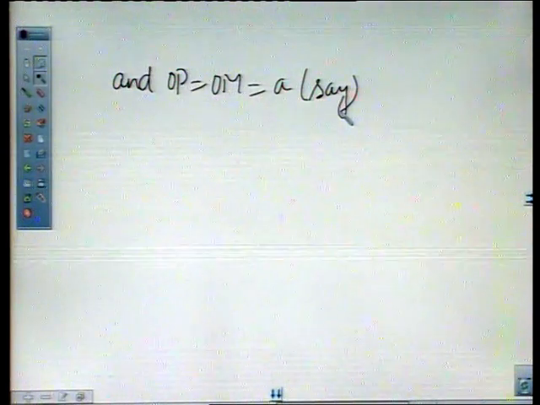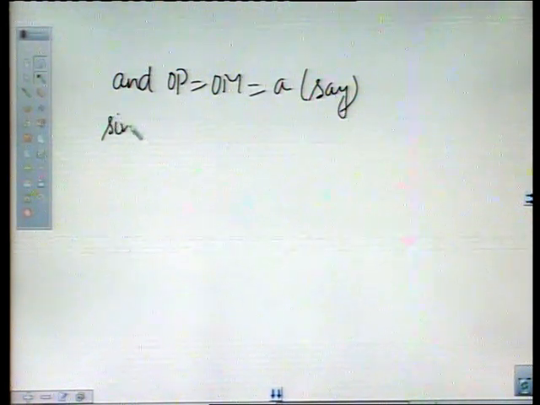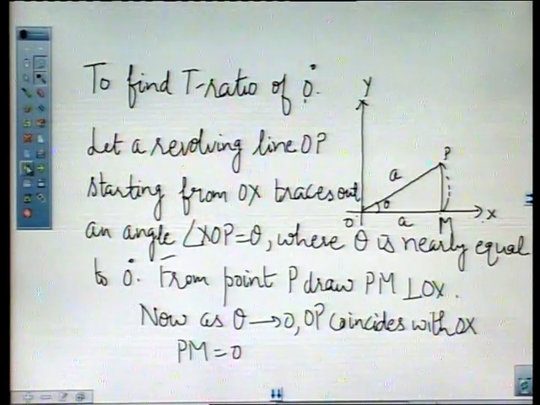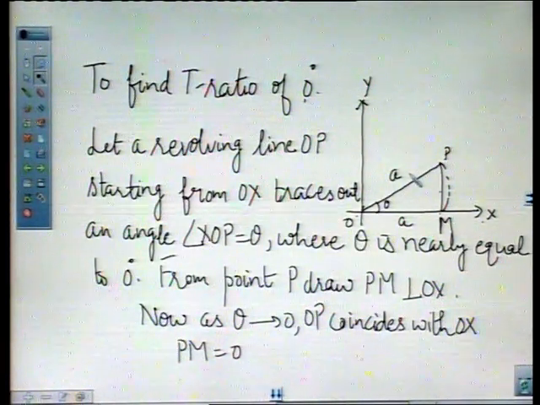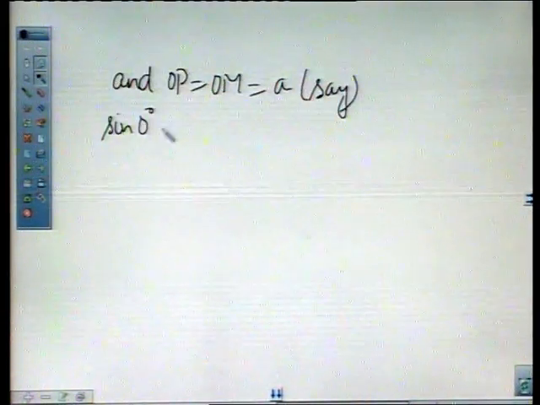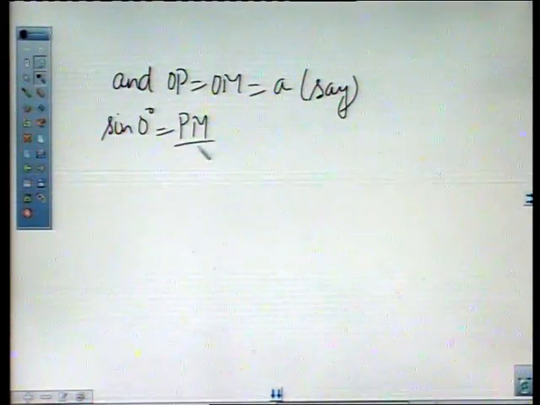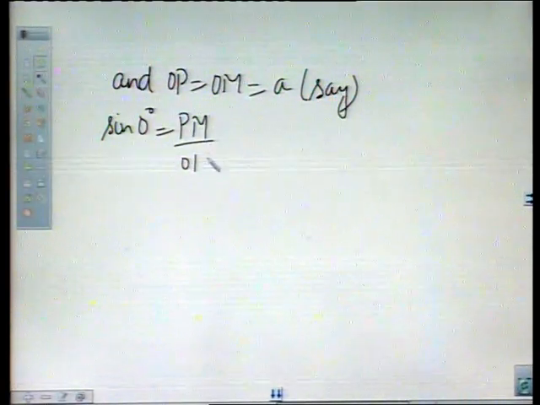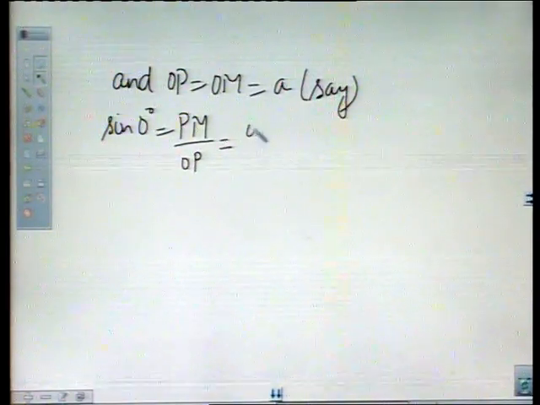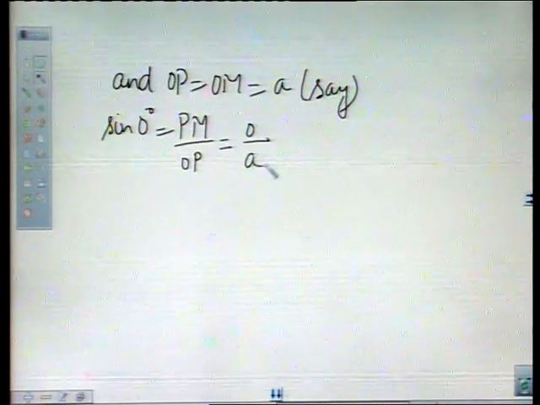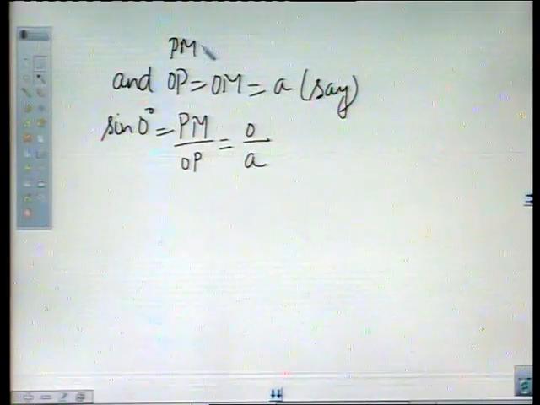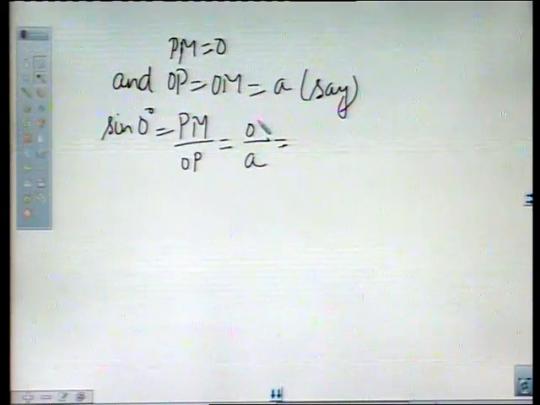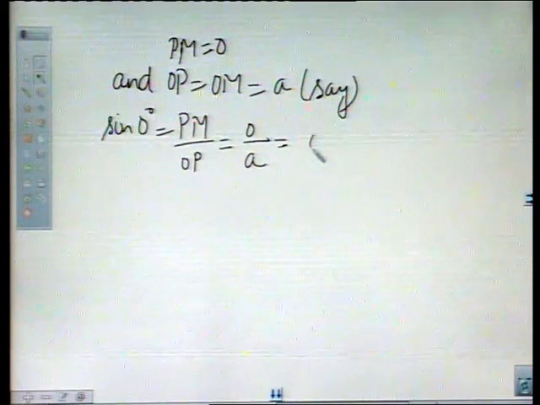Now, first of all, we find the value of sine 0 degree. Sine 0 will be PM over OP. The value of PM we know is 0, value of OP is A. So 0 divided by a finite number is 0.